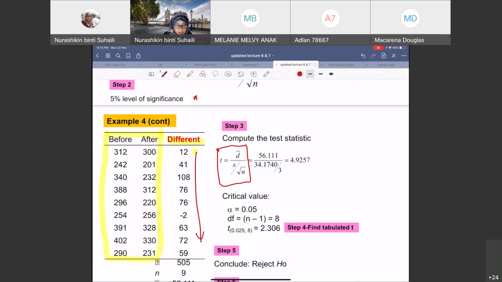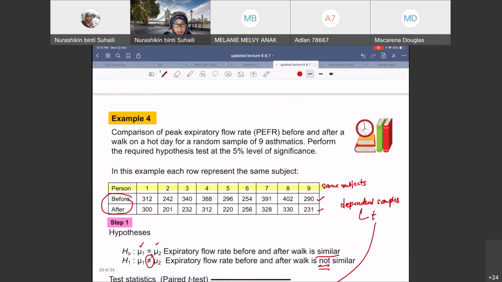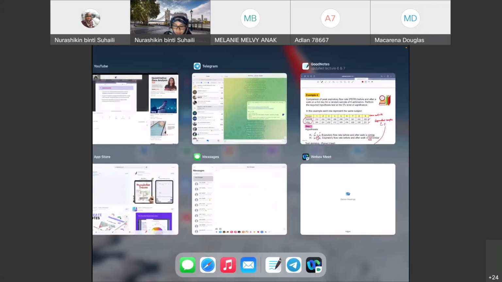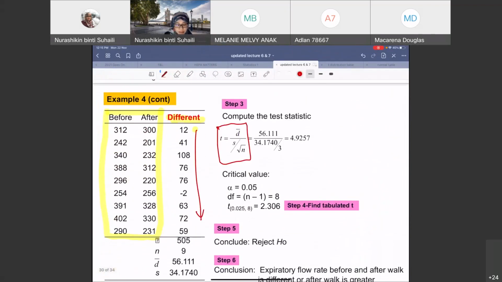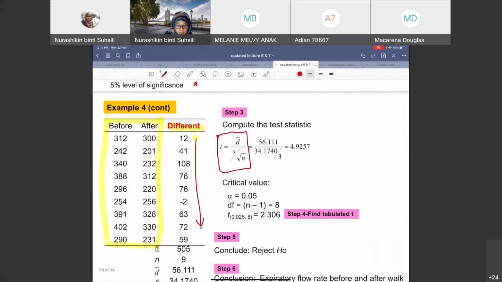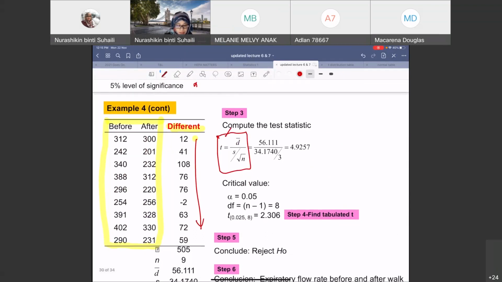So it's much easier for you to compare it this way. Since just now you saw that it's given in horizontal mode, that's also possible, but like me, I feel it's easier to have the data like this. Before you apply this formula, you have to calculate the difference for each of the data.